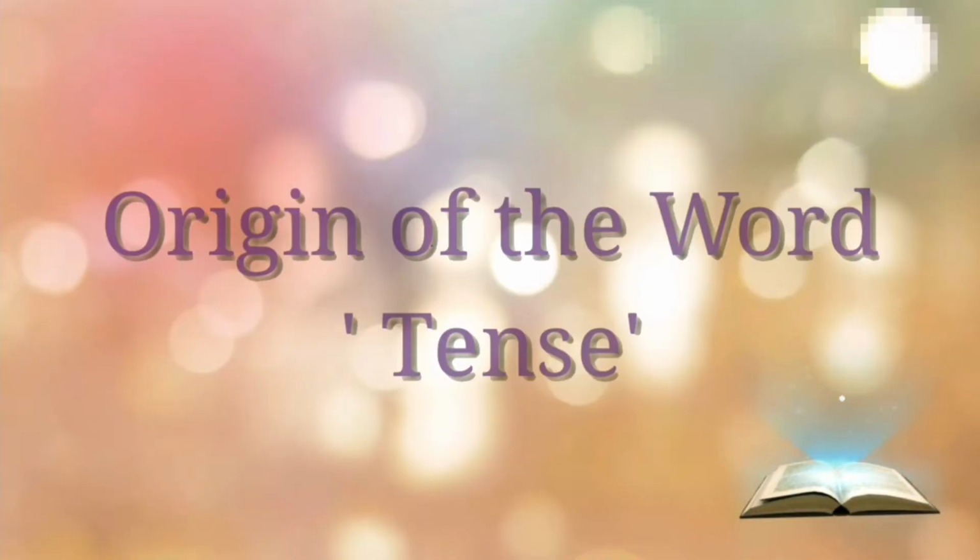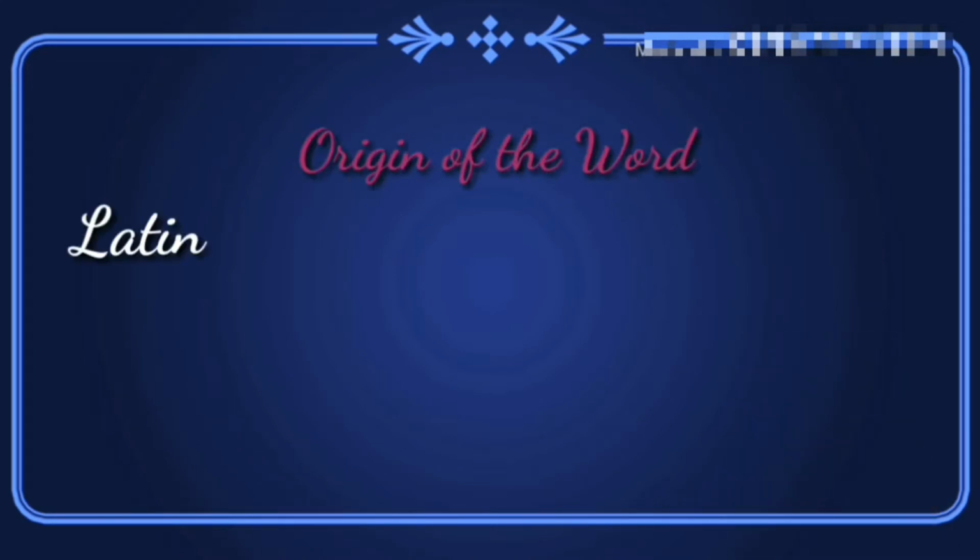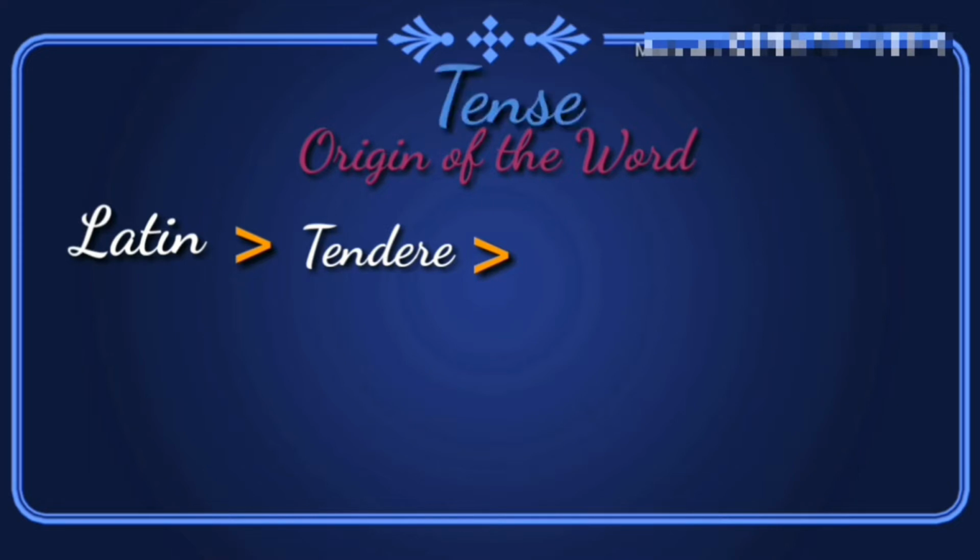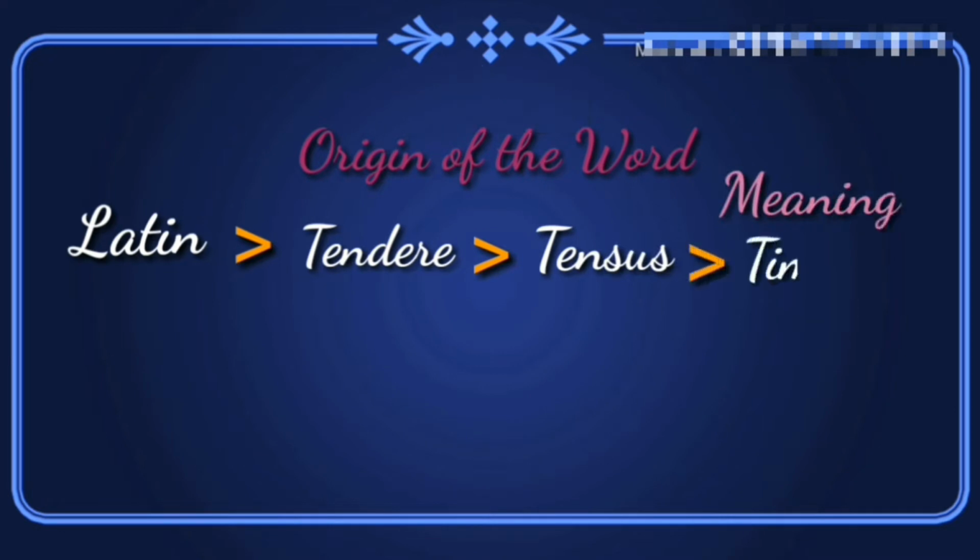Origin of the word tense. The word actually had been derived from the Latin language, tender, the meaning of which was time. With the passage of time, the word changed its form as tenses, that also meant time.